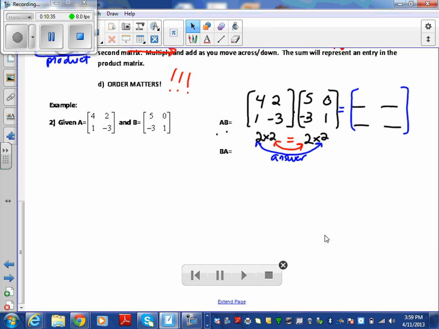In order to find this entry here, that's in the first row and in the first column, that means I will be moving across the first row in the first matrix as I move down the first column in the second. So I would multiply 4 times 5.